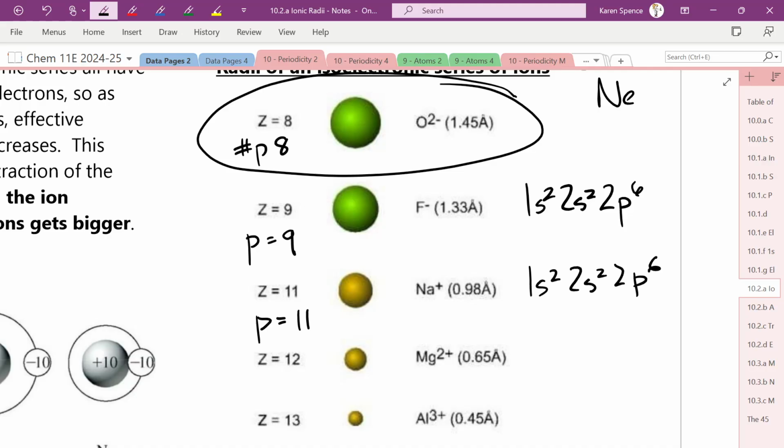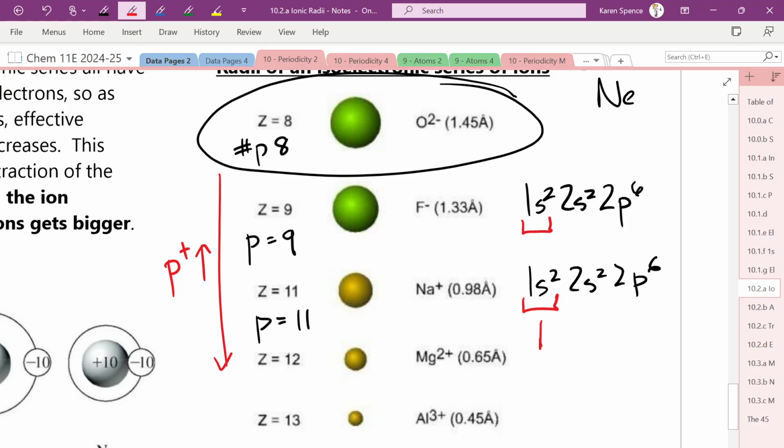Therefore, its Zeff will be the smallest because the core electrons are the same. Yes? But the protons increase.